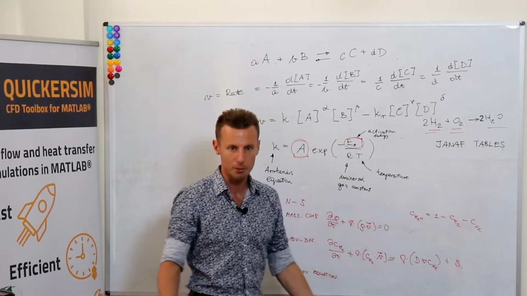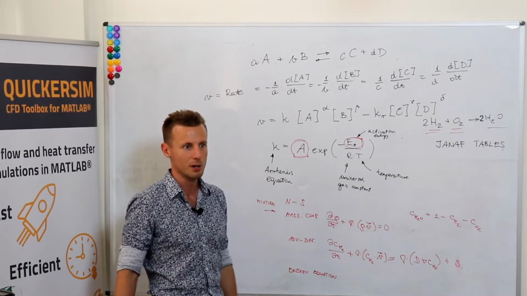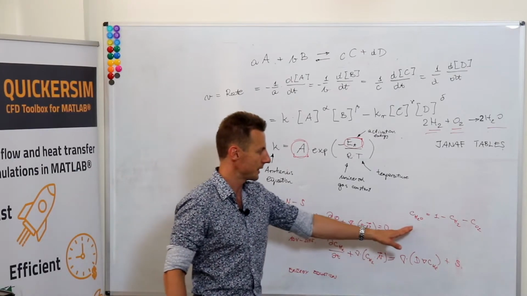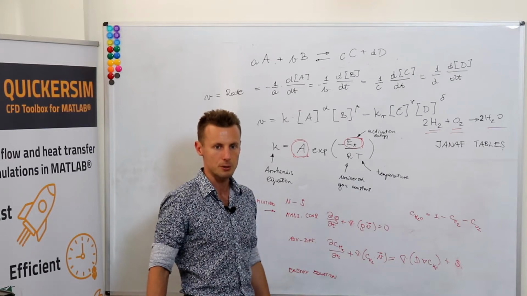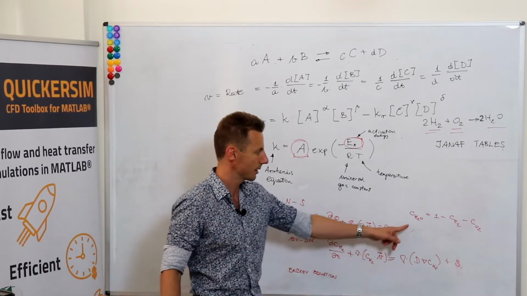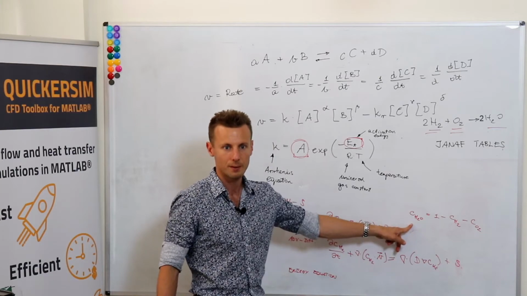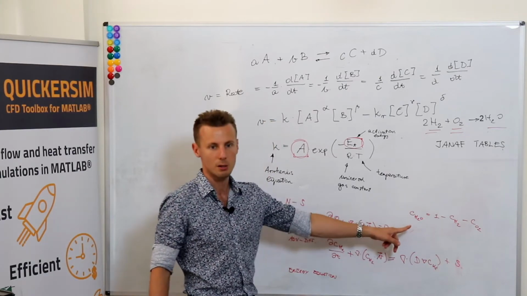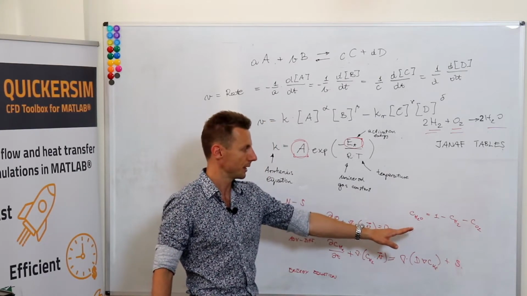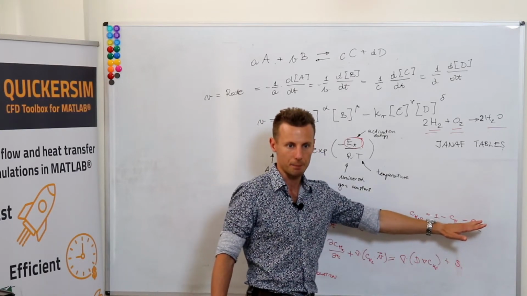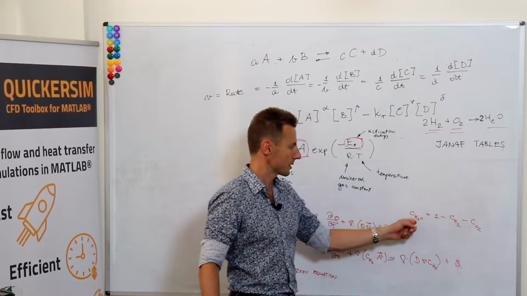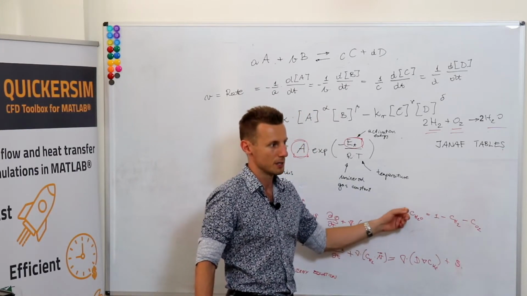In this case, nitrogen N2 is such a gas, and you've got a huge amount of nitrogen in the air. Because of the numerical stability of the computations, it's best to select nitrogen as the component computed as 1 minus the sum of the other ones, because then the relative error is the smallest.